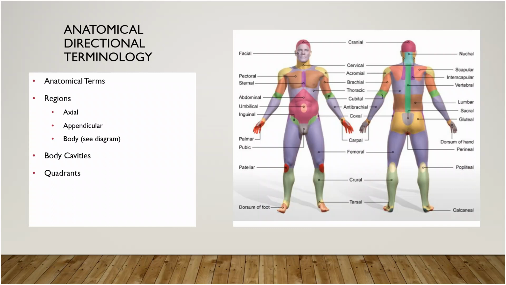Our regions are axial, so our axis, which is our skull to our coccyx. Our appendicular is everything that comes off of our axis. So all your bones, your appendages, your hips, those are appendicular.